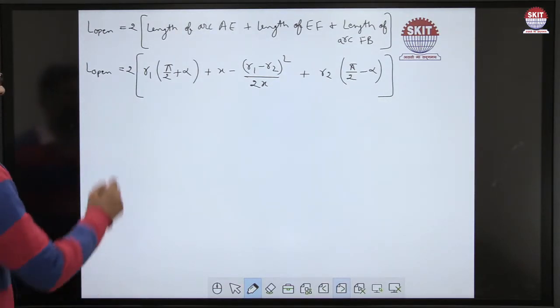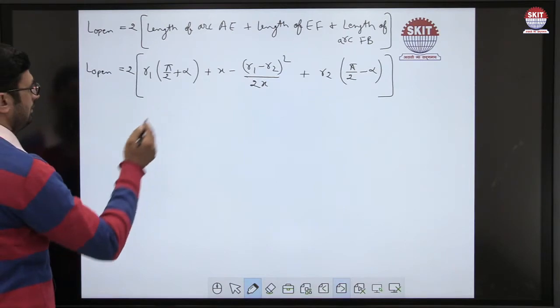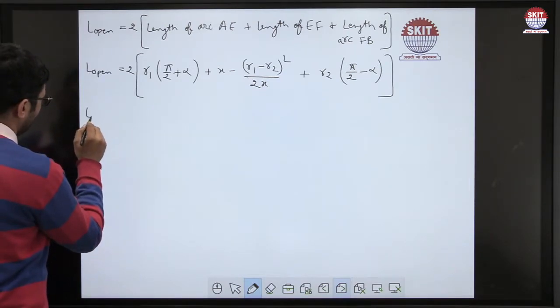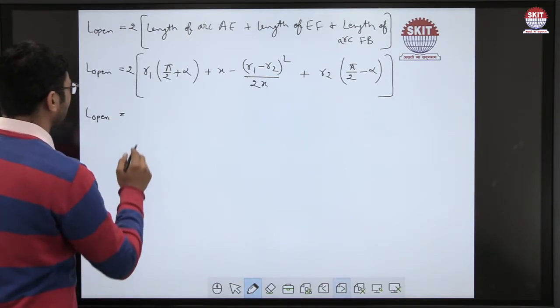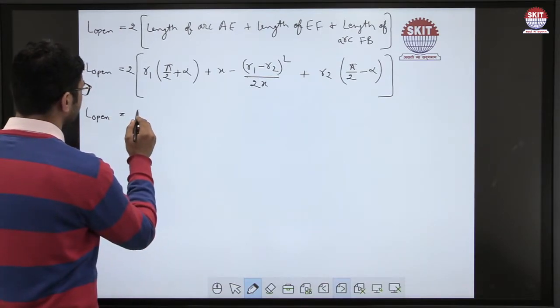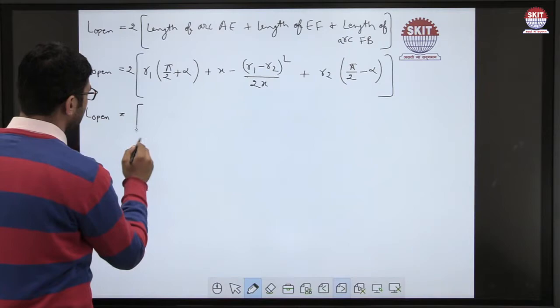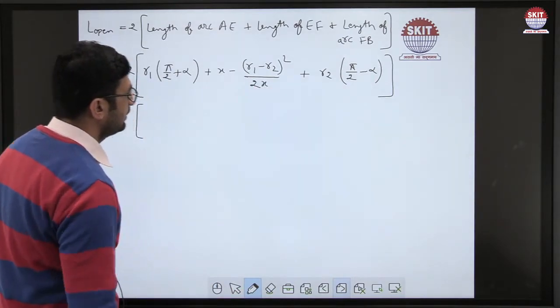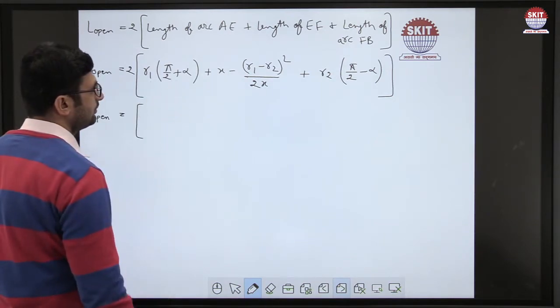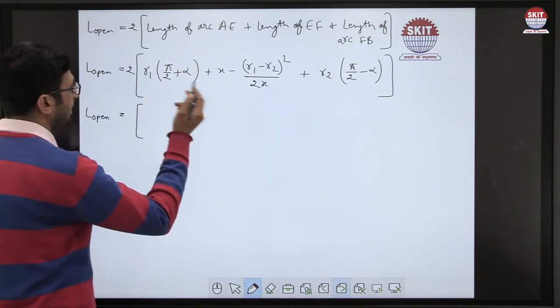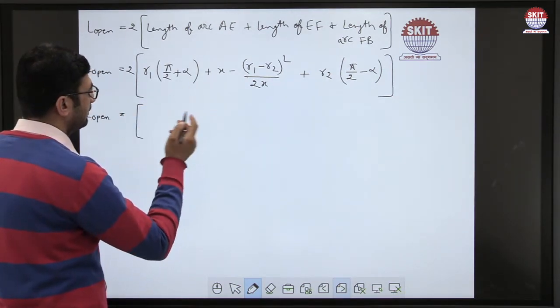Okay. Now multiply 2 inside, and the equation of the length of the open belt is, first we rearrange the equation and take common the R1 and R2 pi by 2 and alpha terms.